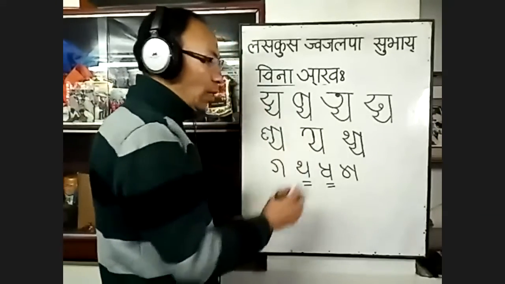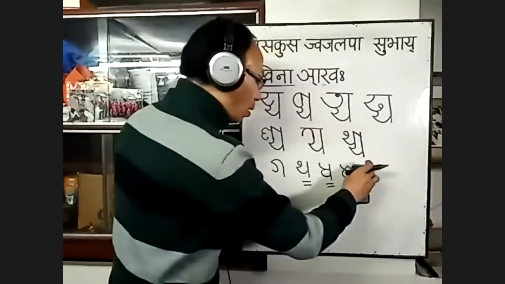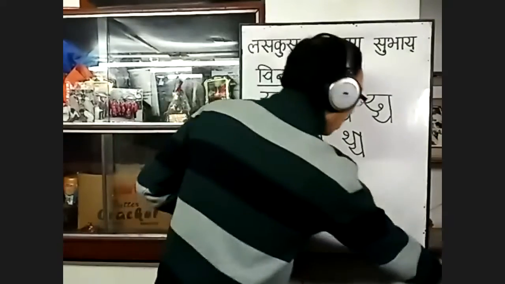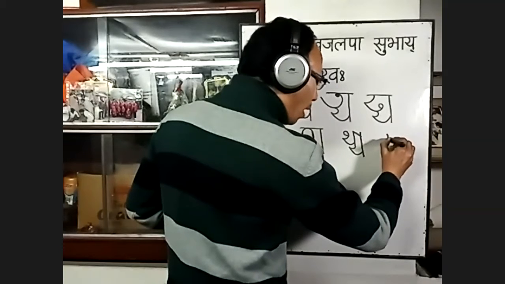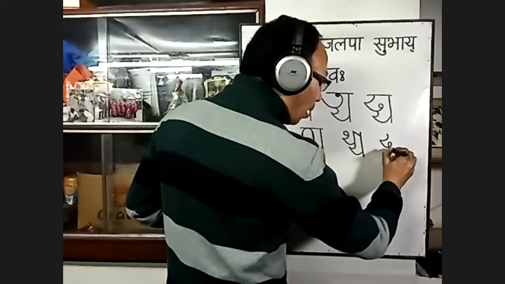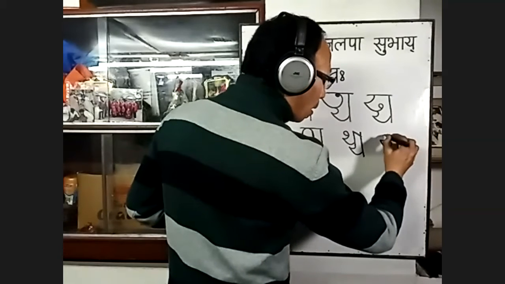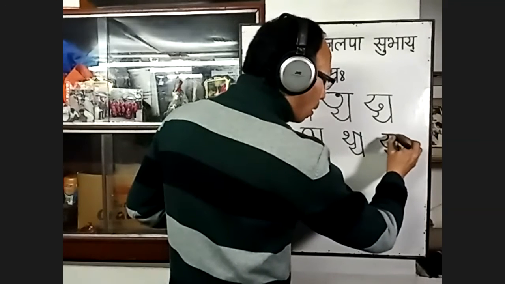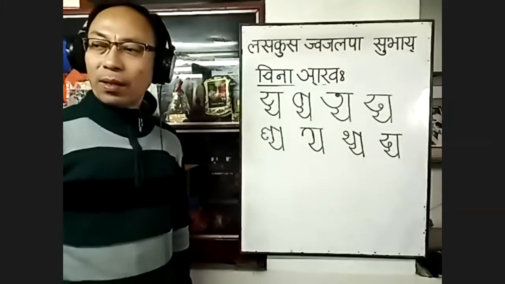Okay, ta, tha, and now let me write the added sound, your added da. So you write da like this, and then this is dia, dia.